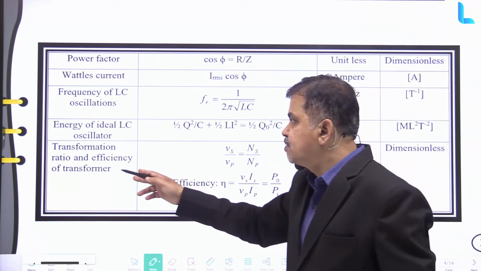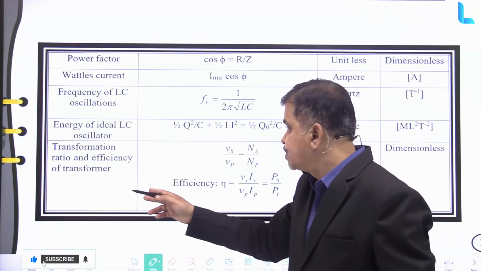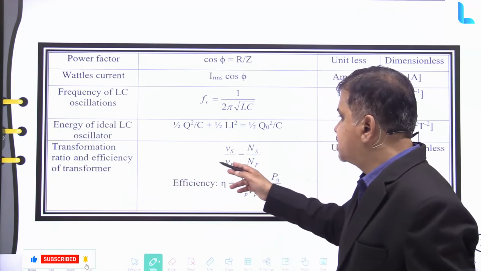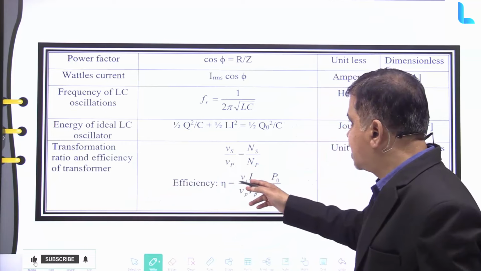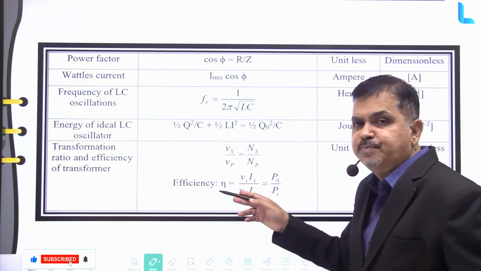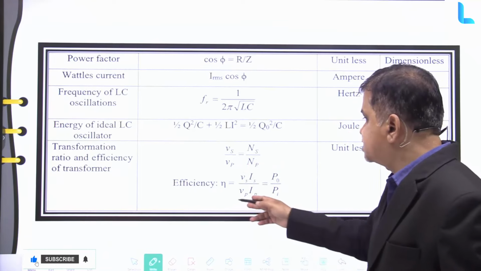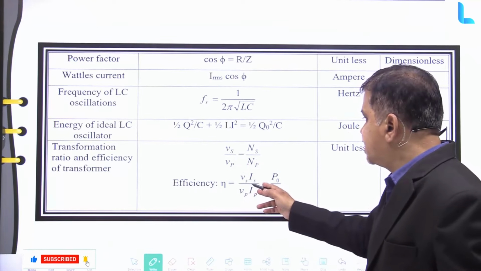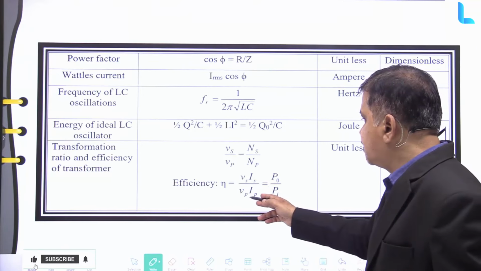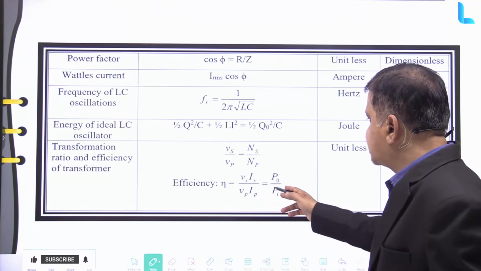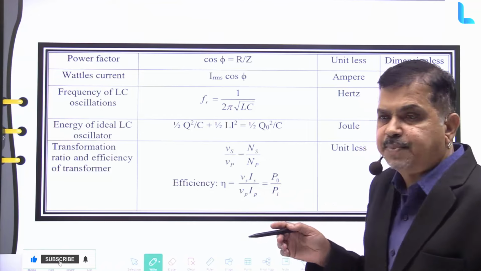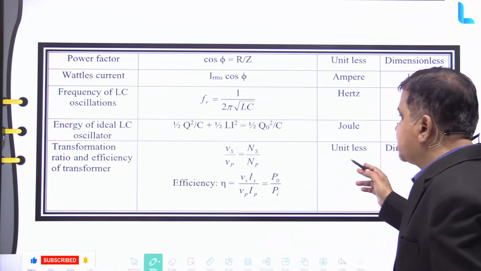The transformation ratio and the efficiency of a transformer: the transformation ratio is Vs divided by Vp, which is equal to Ns divided by Np, and the efficiency eta is given by Vs into Is divided by Vp into Ip, which is also equal to P naught divided by Pi, and it is unitless.